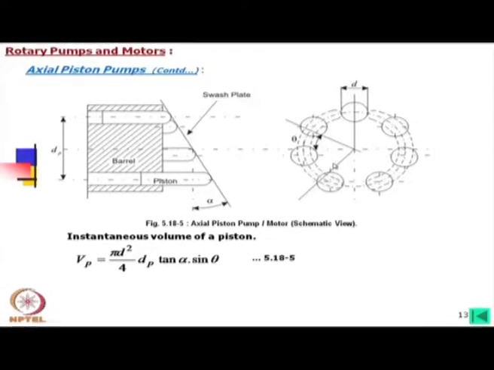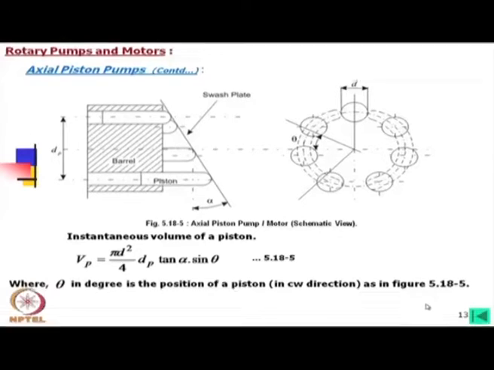You can just think over that, and with this geometry we can calculate the instantaneous stroke length. That multiplied by the area of the piston will give us the instantaneous volume of a piston, not flow rate, sorry. Now, differentiating this, we will get the volume flow rate.